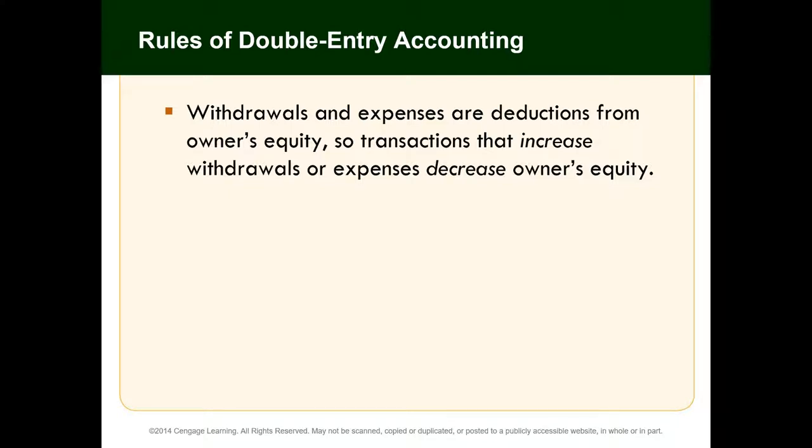All right, for assets, regardless of what kind of assets, this is the title. When assets increase, whether this is cash, accounts receivable, land, building, equipment, notes receivable, supplies, all of those, they are debited.